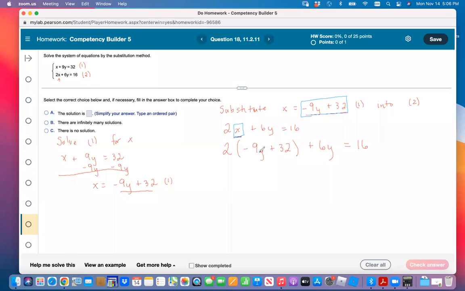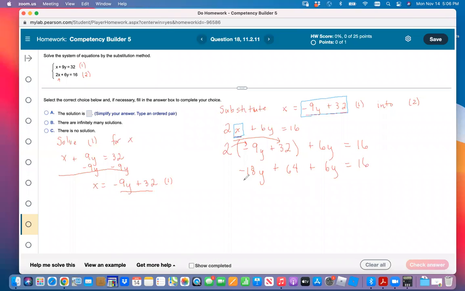Now I have this equation in terms of one variable, y, which I can solve for. So I'm going to simplify this. I'm going to use the distributive property here. 2 times negative 9 is negative 18y plus 2 times 32 is 64, plus 6y equals 16.